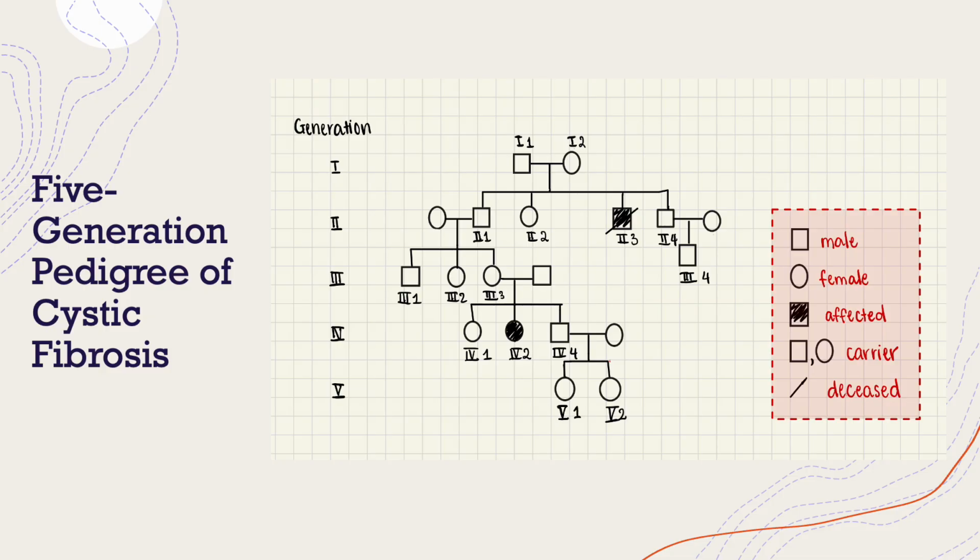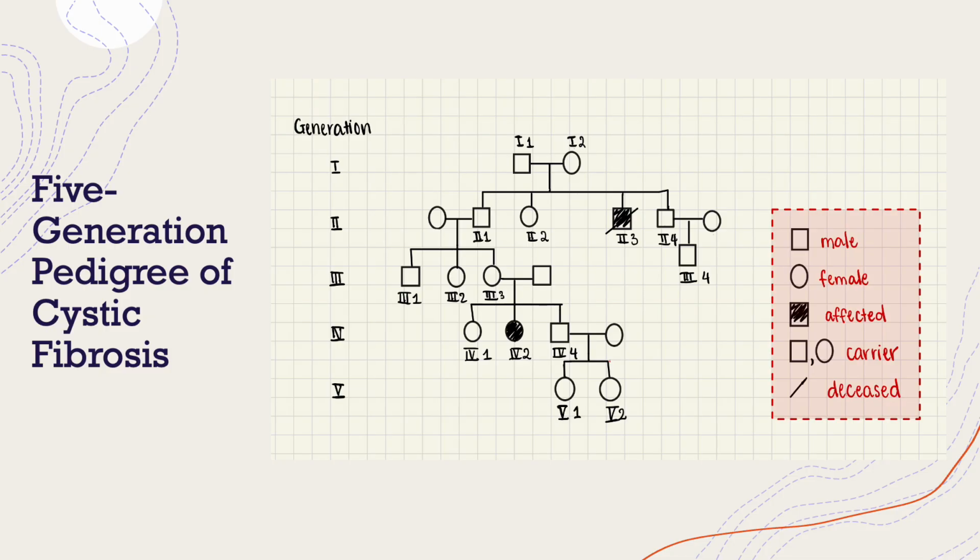As seen in generation 1, individual 1-1 and 1-2 are both unaffected, but they have an affected child, 2-3.